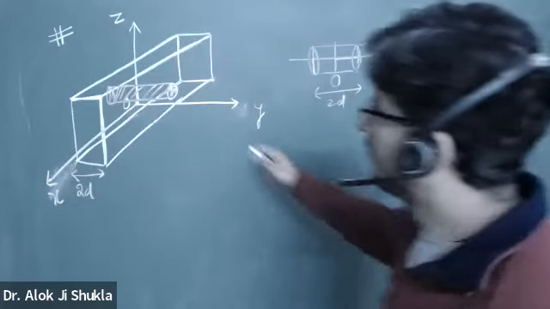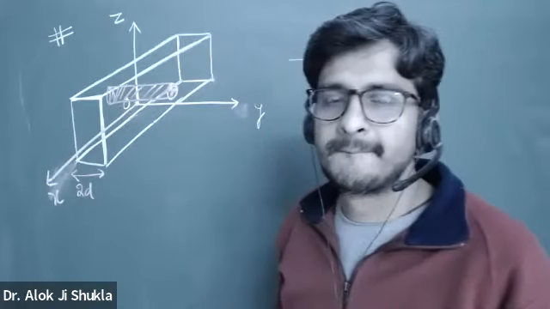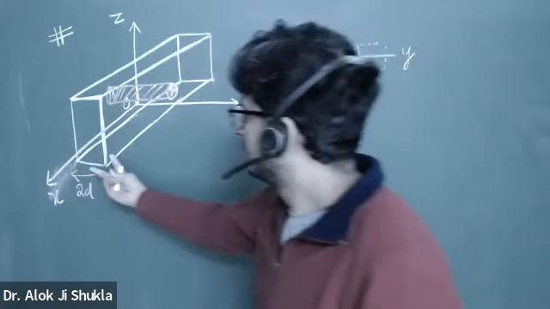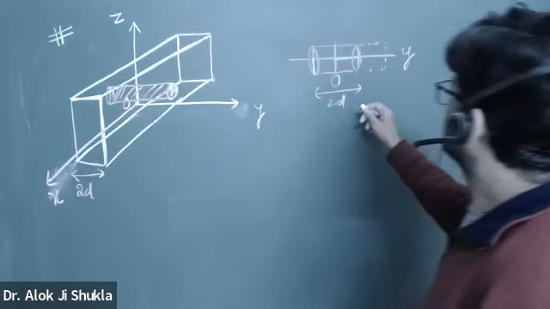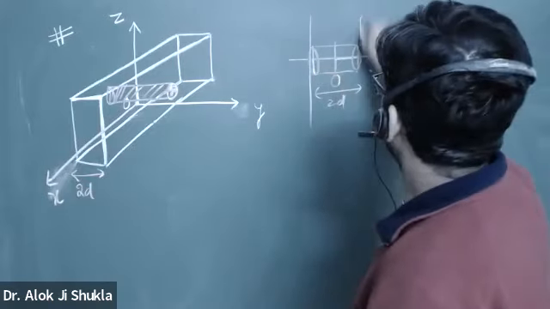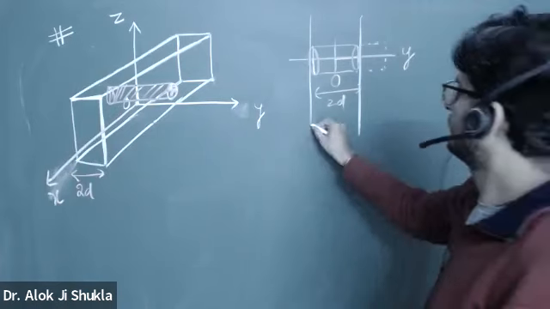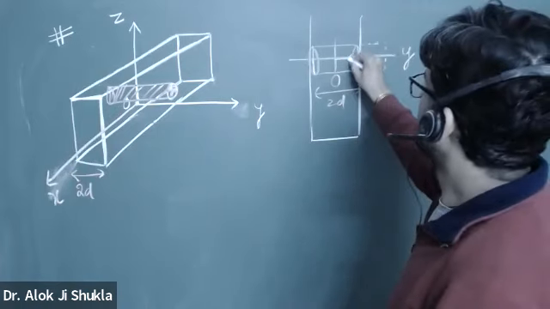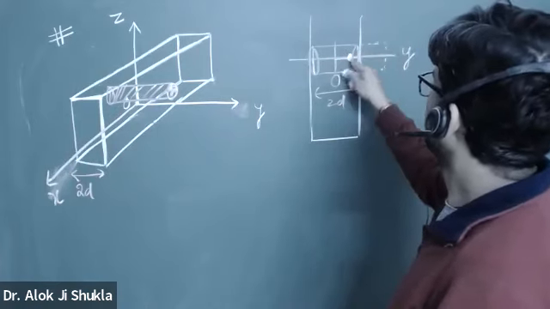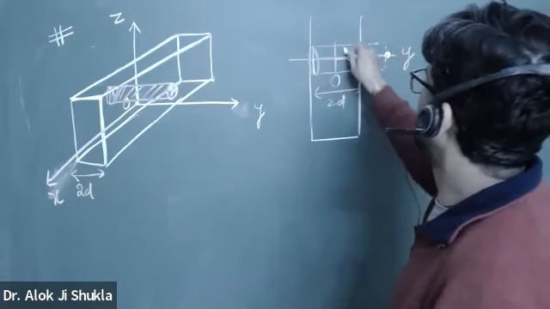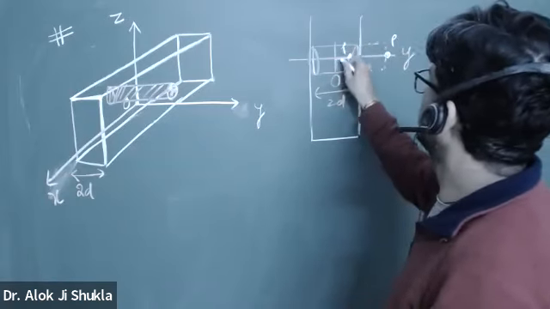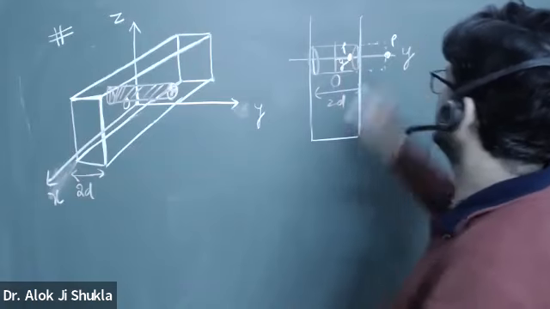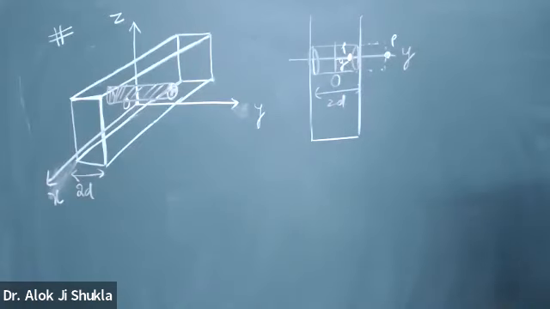If your point P is inside of this, it is like this. This is the width of the block, 2D. So first of all, get the field here and then get the field here. So point P should be at two distances. First take this distance as Y and then take this distance as Y. Okay?